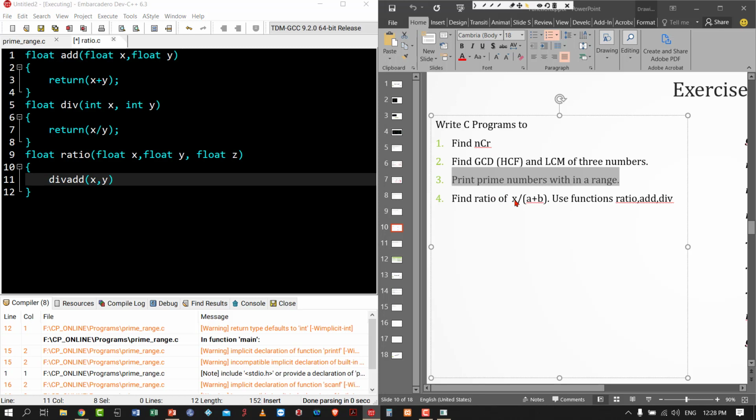I will change the question a bit for clarity. C by A plus B. So C means this is Z. Z comma add x plus y.